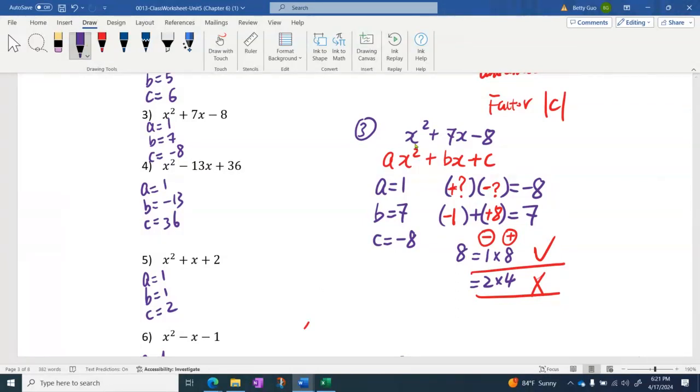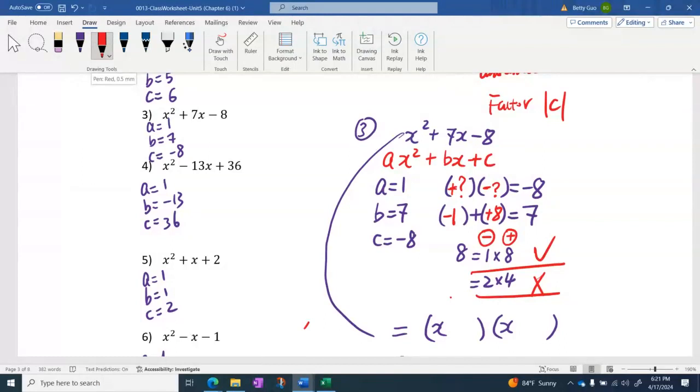Shortcut method. Once we have those two integers found, we are able to find the factorization right away. Parentheses times parentheses. In the parentheses, we have x plus number, and the two numbers are going to be -1, +8. Or I can write the result as x plus 8 times x minus 1.